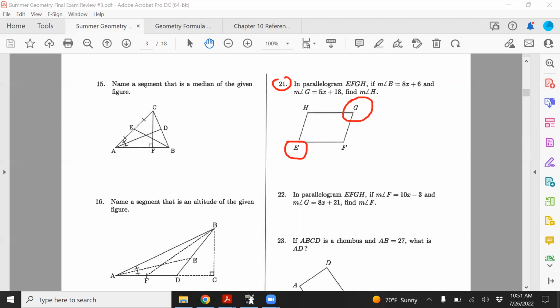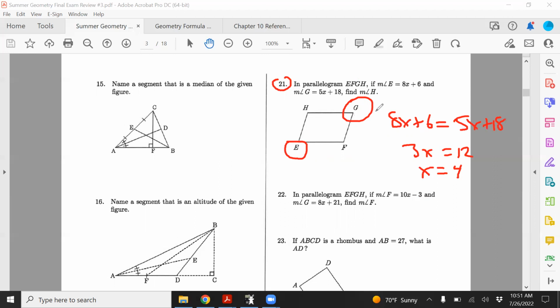What do you think is the relation between these two angles here? What can we deduce about these two angles? They're the same, because opposite angles in a parallelogram are always going to be the same. So 8x plus 6 equals 5x plus 18. 3x equals 12, x is 4.